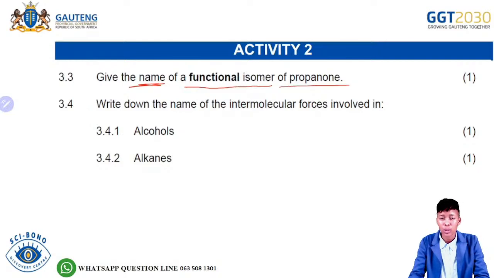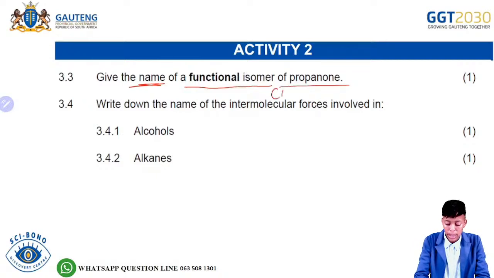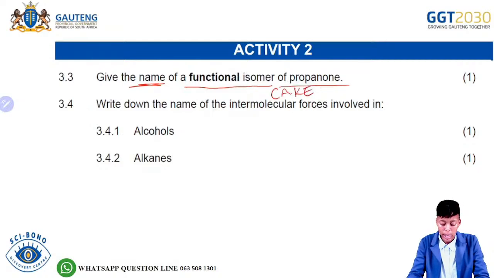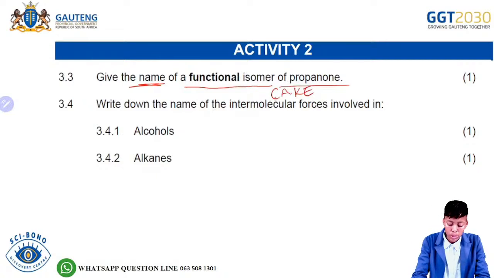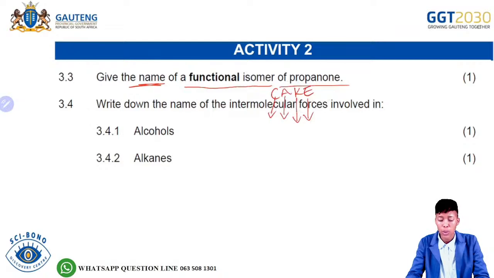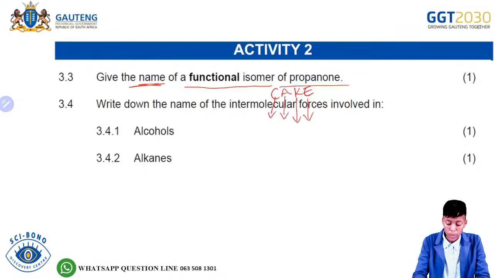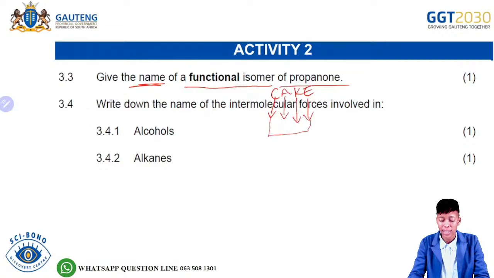Remember, when we have to give the functional isomer, we said we are going to use CAKE, whereby this represents your carboxylic acid, this one your aldehyde, your ketone, and then this one your ester. So remember we said carboxylic acids go hand in hand with the esters, and aldehydes go hand in hand with the ketones.